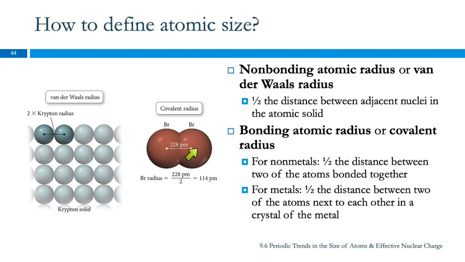But again, we look at the distance between the nuclei, divide that by 2, and say, well, that's the atomic radius. Now that's going to be a little bit distorted perhaps, because is this radius here, which is what we're measuring, really the same as out here? You know, this picture makes it look like it's not really spherical anymore. It's kind of stuck to the other one, so there's an indent there. We're not going to worry about it. The bonding radius is always going to be smaller than the non-bonding radius.